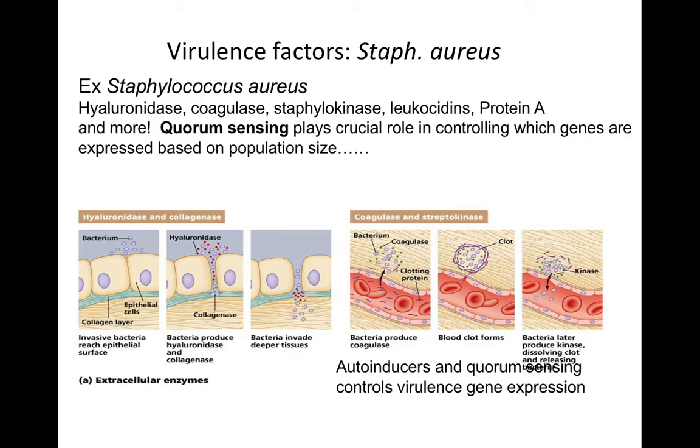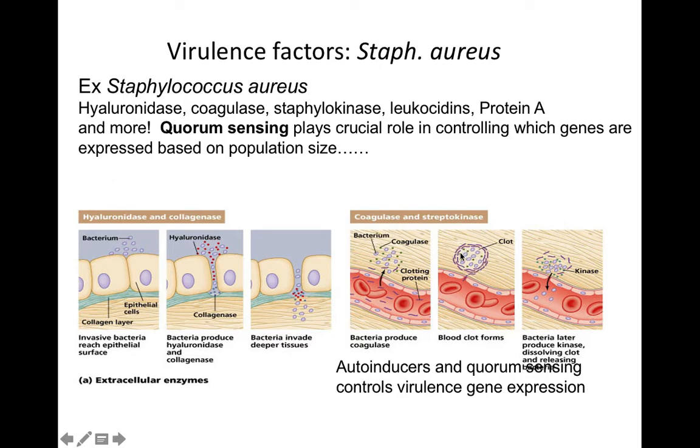And then the Staph aureus have receptors, so they can sense, quote unquote, the concentration of autoinducer. So when there's not very many Staph aureus present, the autoinducers will be in low concentrations, and that permits expression, transcription, and translation of the coagulase gene. So when Staph aureus is in low numbers, there's low autoinducers, so the coagulase gene will be expressed.